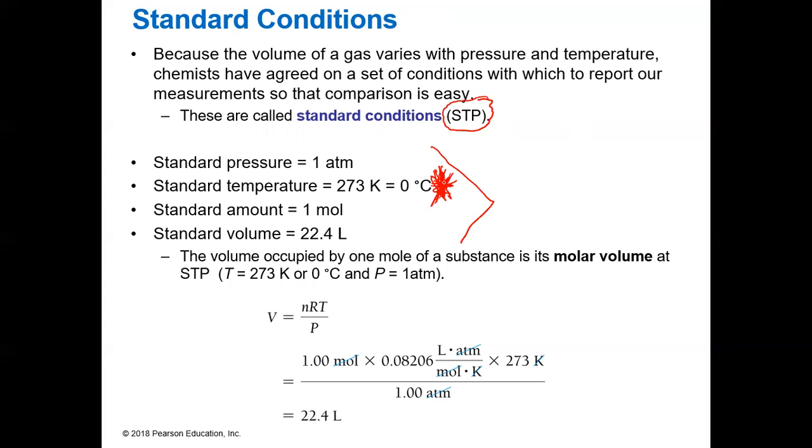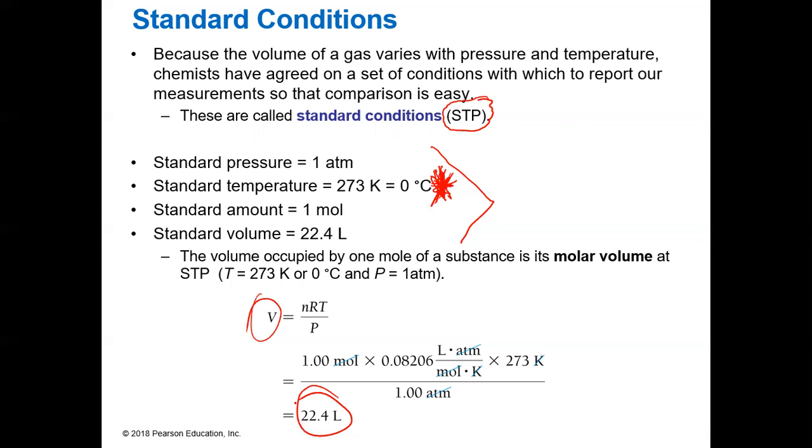If we plugged the first three standards into our ideal gas law and we solved for volume, we would find that the standard volume of a gas at these conditions would be 22.4 liters. Okay.